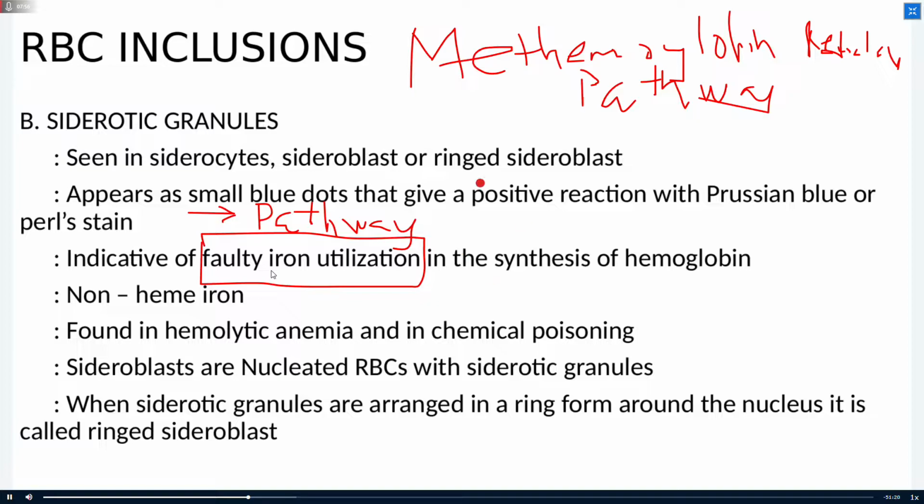Alright, cytochrome B5 reductase or your methemoglobin reductase. Now, your siderotic granules, class, are composed of non-heme iron. So what type of iron is this?